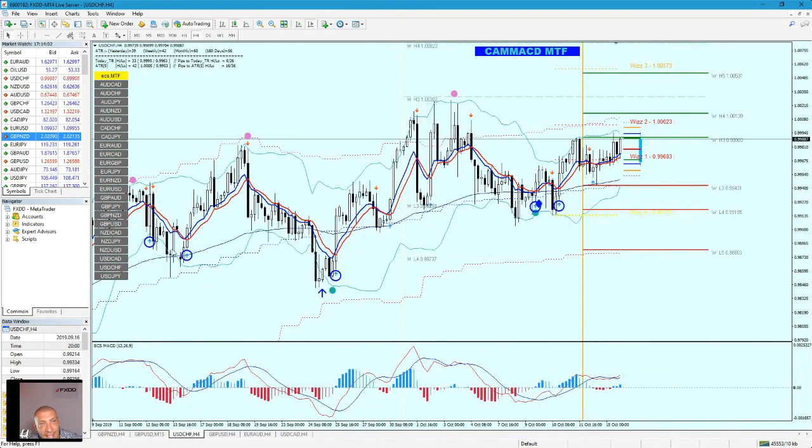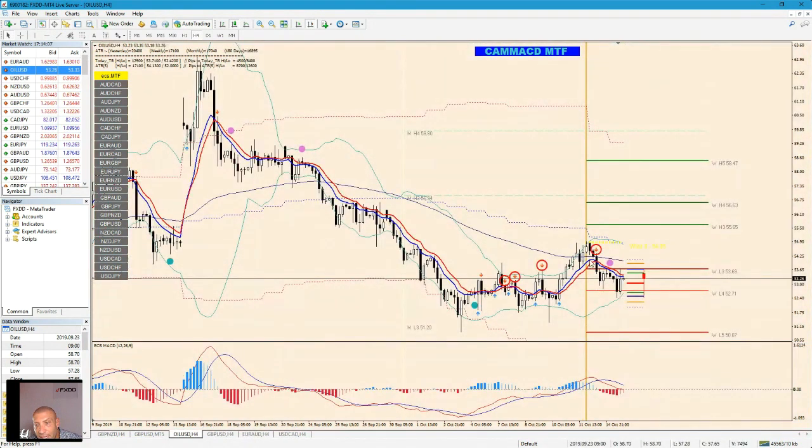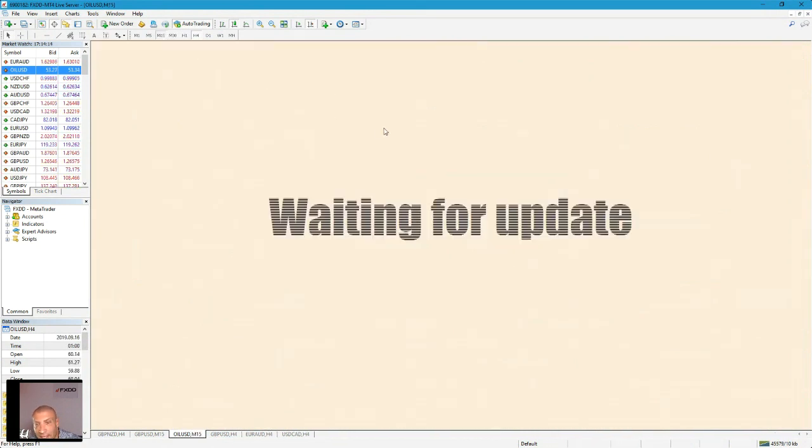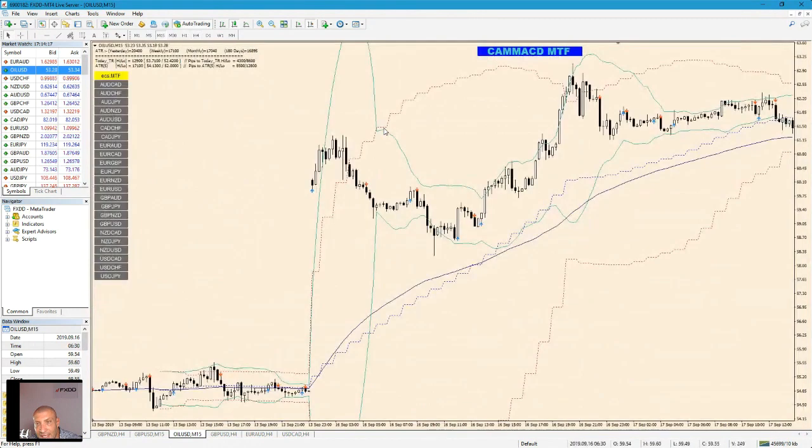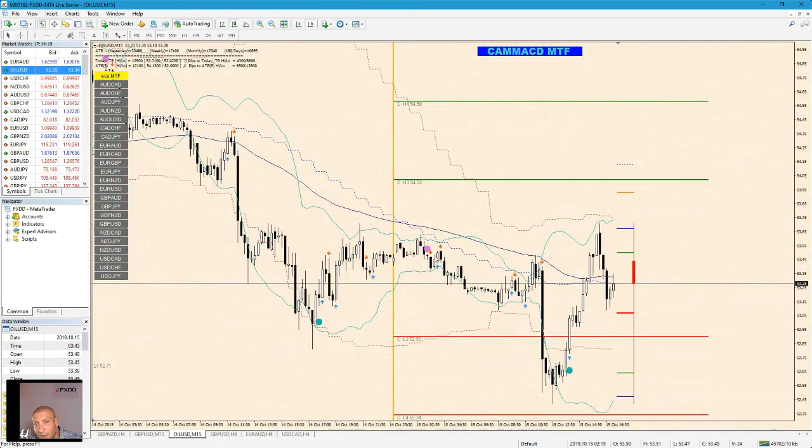Oil, as I said, I already shorted it. Now, if I see a re-entry dot, I might short it again, but it doesn't have a big pullback. So you see, I might actually do it, but I don't see it on 15 minutes too.